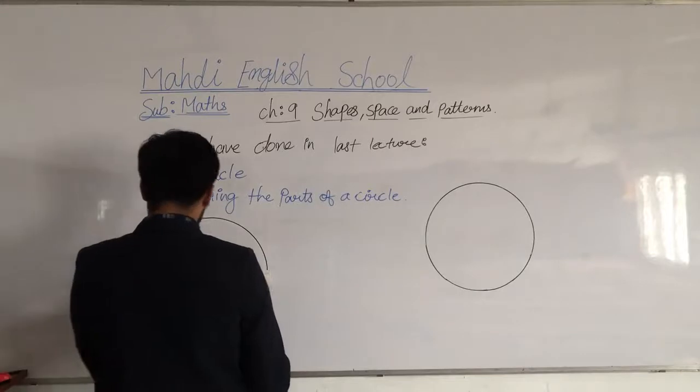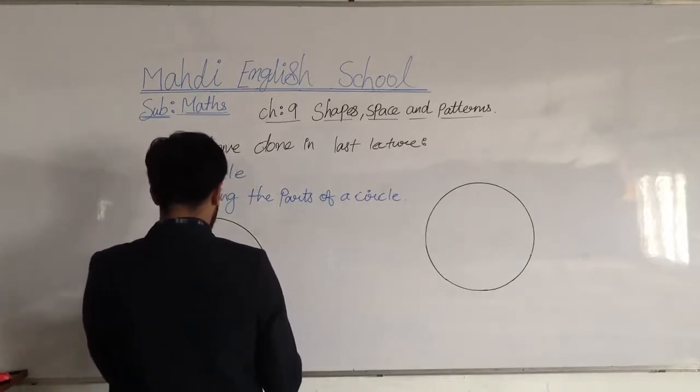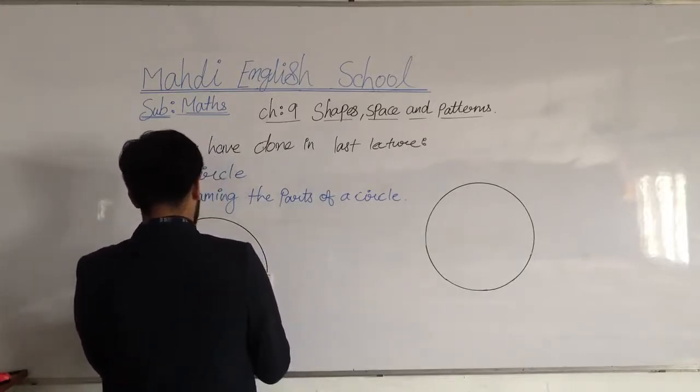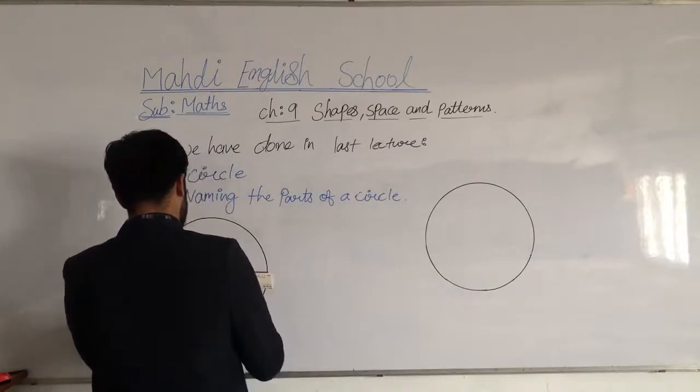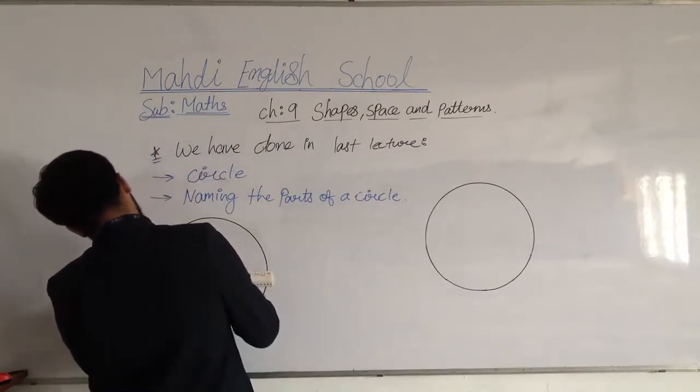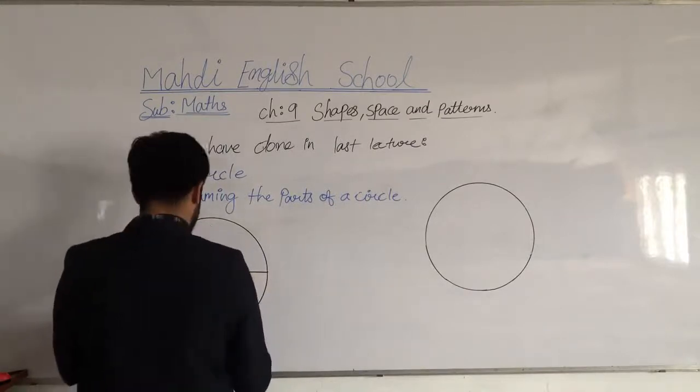So this is a circle and we have to make an equal line. We have to make an equal line.